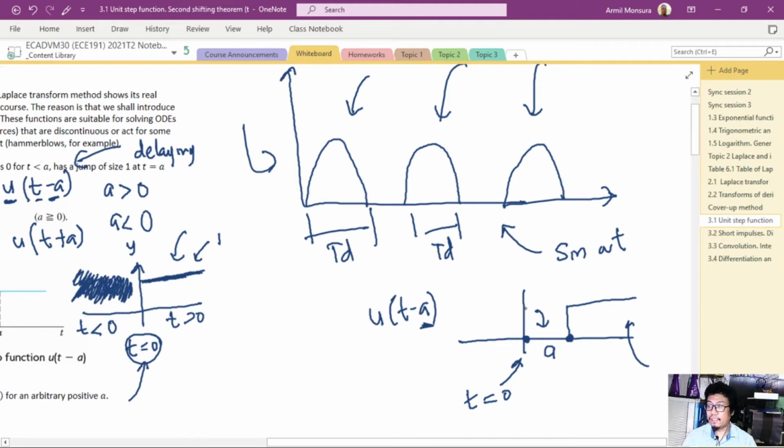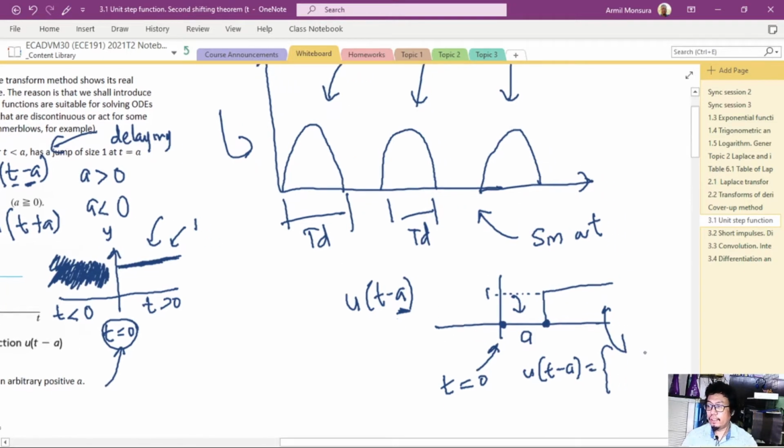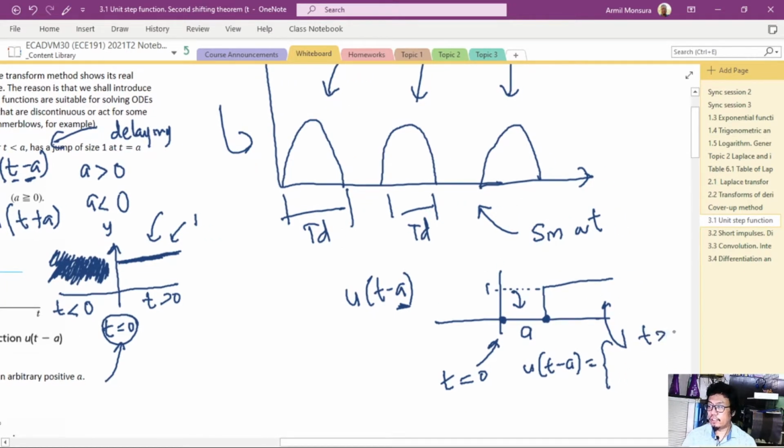In this case, again, the magnitude of this is 1. But this time, this unit step signal is defined as u of t minus a, and the value of this is 1 when t is greater than a, and 0 when t is less than a. So that's the difference between those two signals.